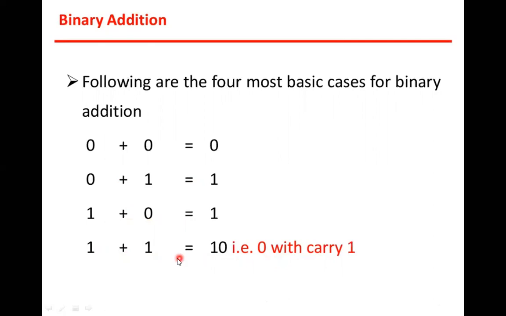Normally 1 stands for high, true or on, and 0 stands for low, false, off. So when we take two states like 1 and 1, 1 plus 1 will be 0 with a carry 1. You always have to remember that 1 plus 1 is 0 with carry 1.